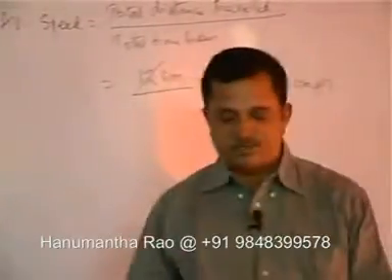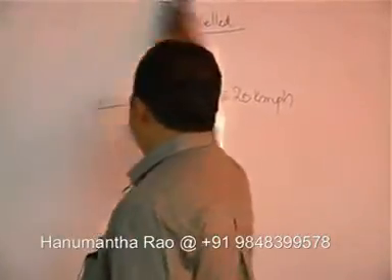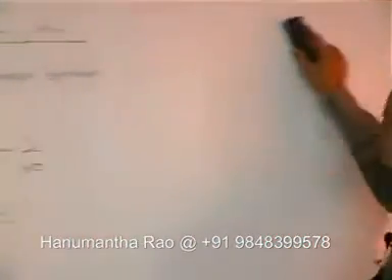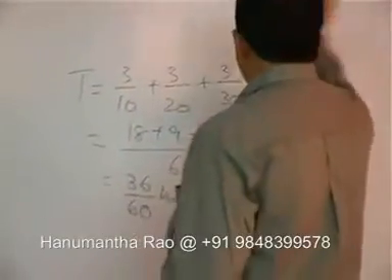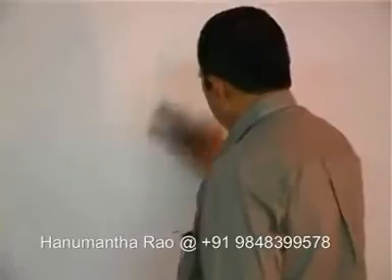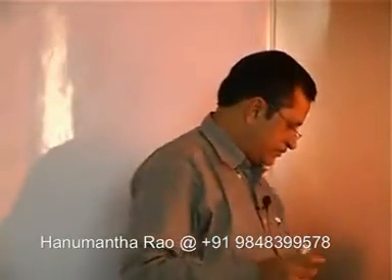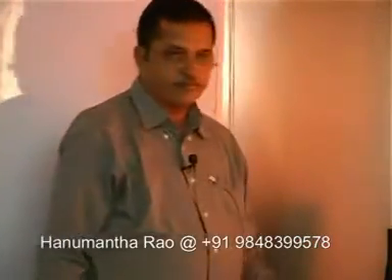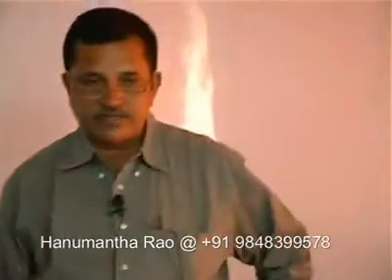Excluding stoppages. This problem also I have seen so many times. Excluding stoppages, a train travels with a speed of 90 kmph. And including stoppages, the train travels with an average speed of 80 kmph.